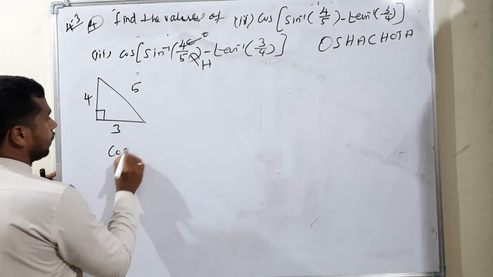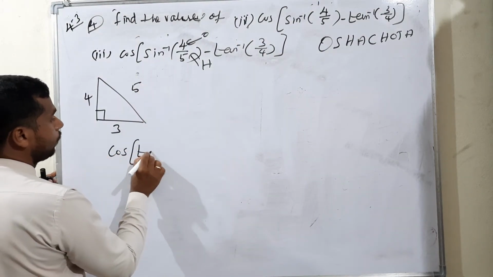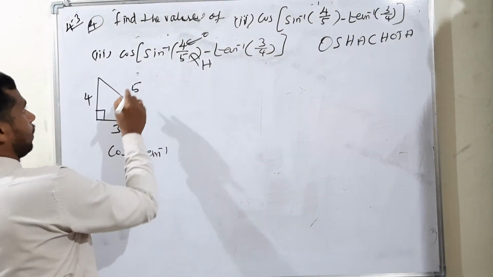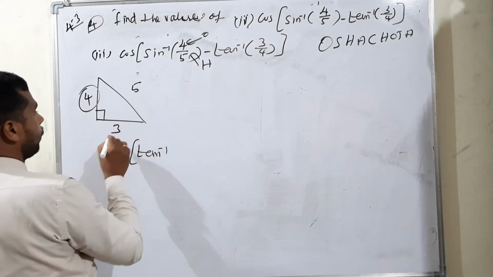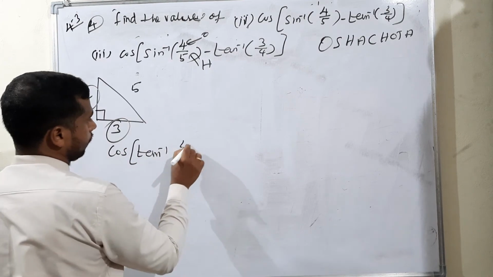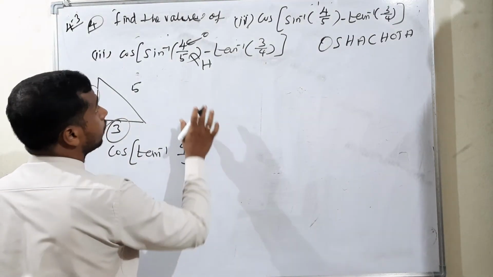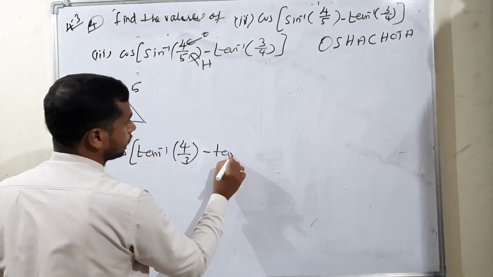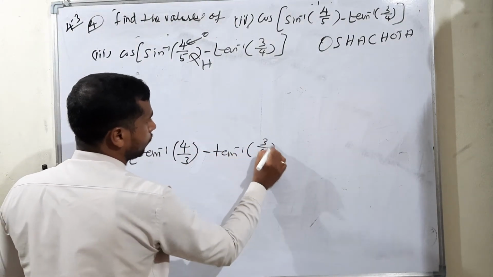Again cos of, to convert to tan inverse means opposite divided by adjacent. Opposite value 4, adjacent value 3. 4 by 3. It's not finished, isn't it? This is 4 by 3 minus tan inverse 3 by 4.